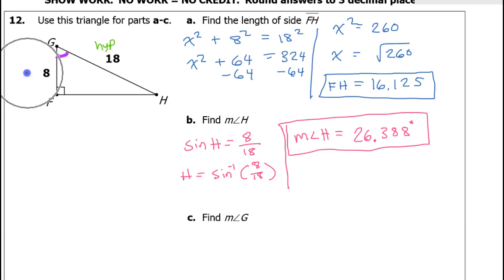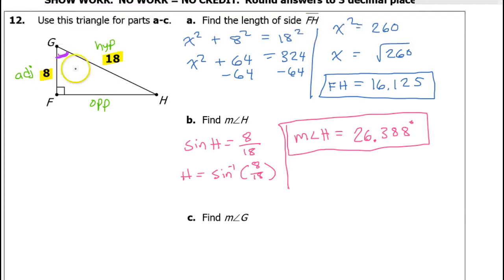But if this is angle G, then this is adjacent, because it's right next to angle G. And this is the opposite leg, because it's across from angle G. Again, we decide which two sides we're going to use. We're going to use the same sides as before, because these are the two sides that are given. So let's go with that.